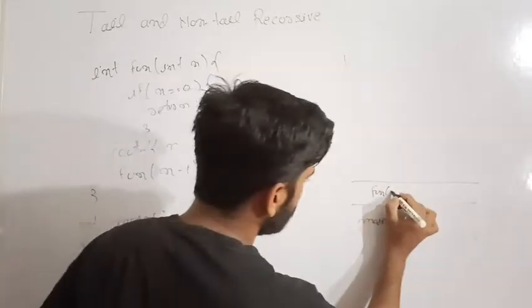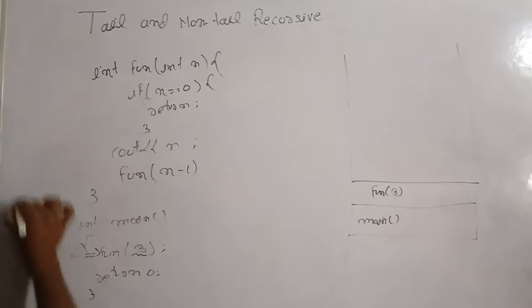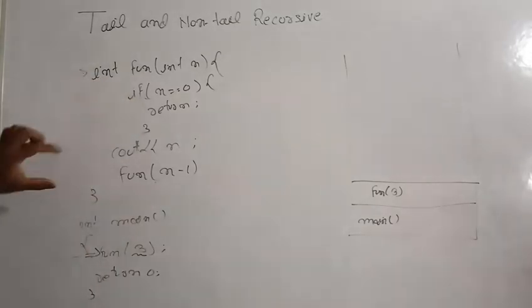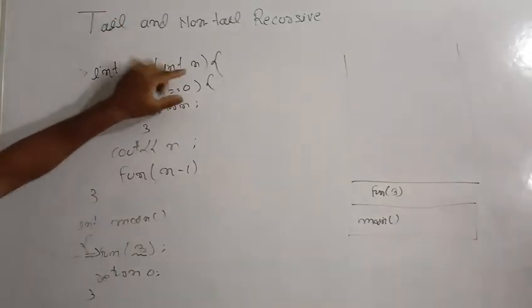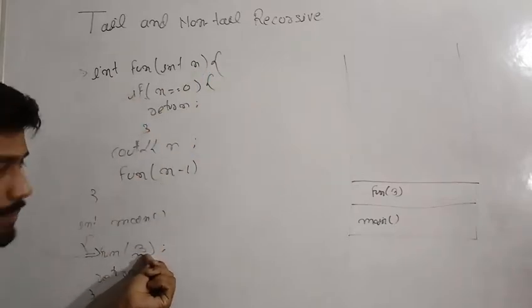Now the controller goes to this function, and in this function the variable n stores the value 3.